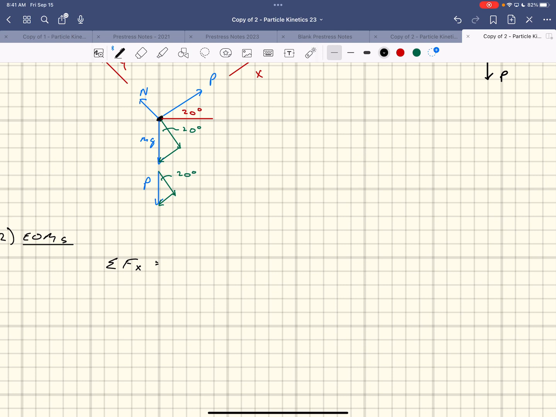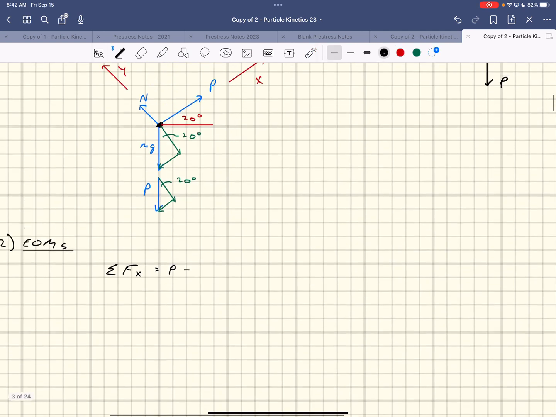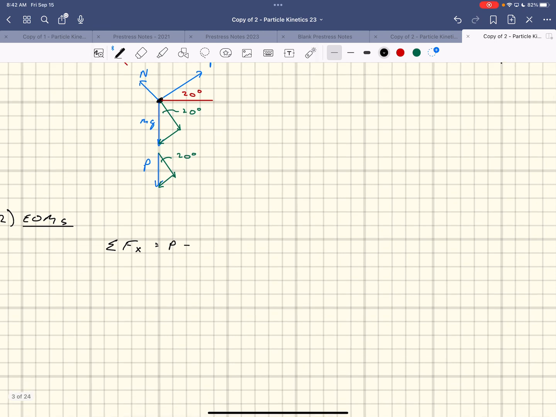So I write P minus, then I have this part of my mass times gravity, and this part of my applied P. So it's really clear what is supposed to be in that x direction. Those three forces will be in the x direction. So we've got P, and with geometry, this is going to be mg sine 20.